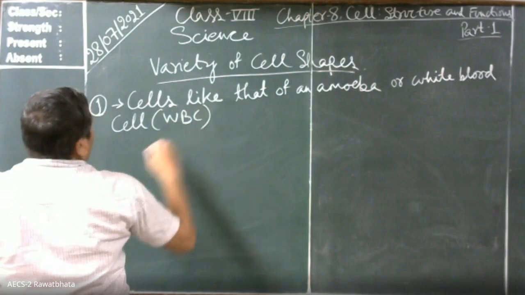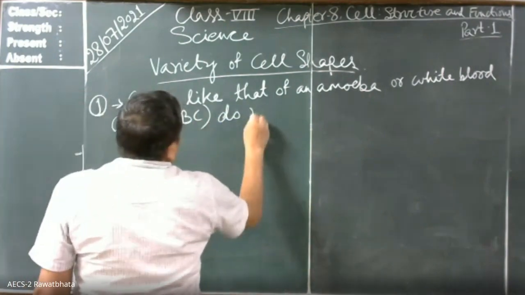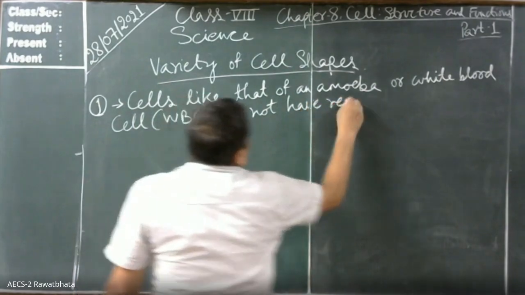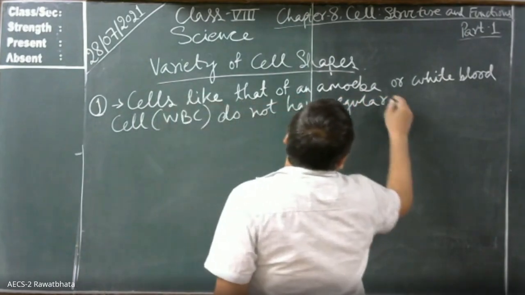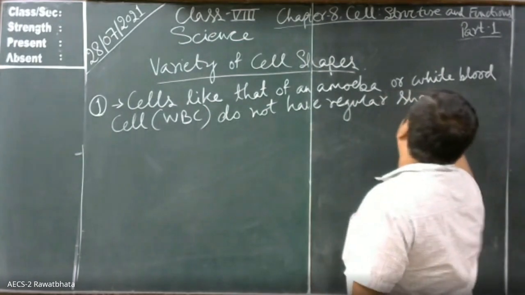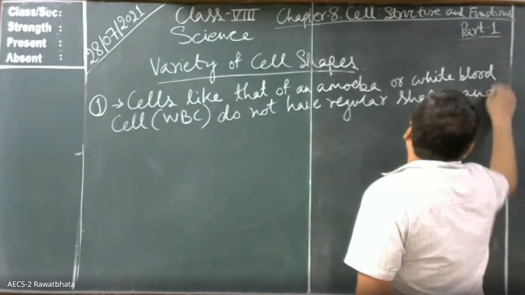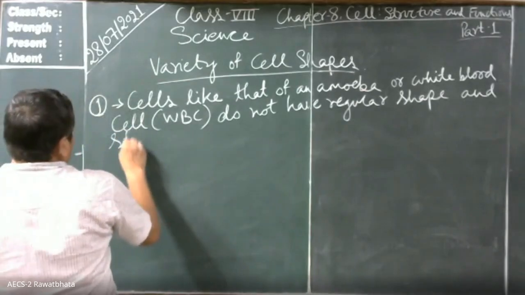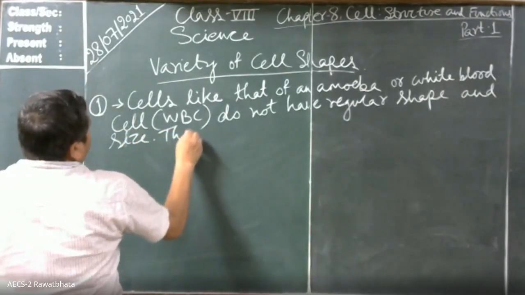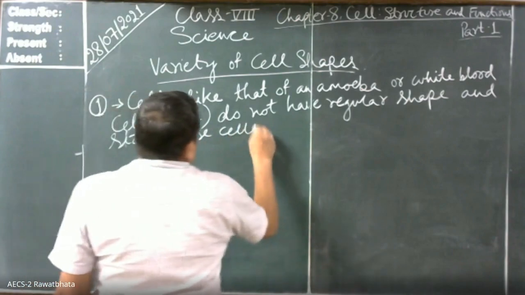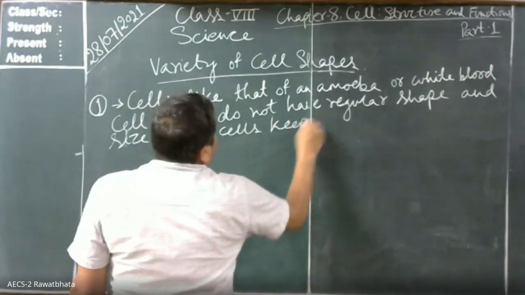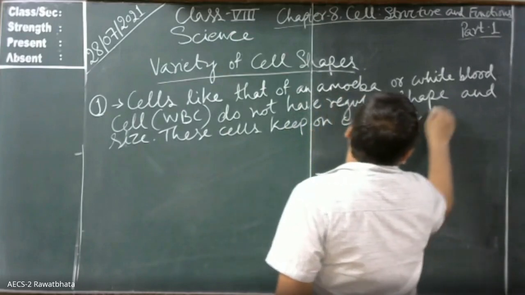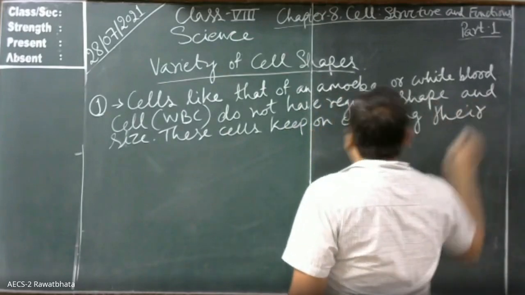WBC do not have regular shape and size. These cells keep on changing their shape and size.